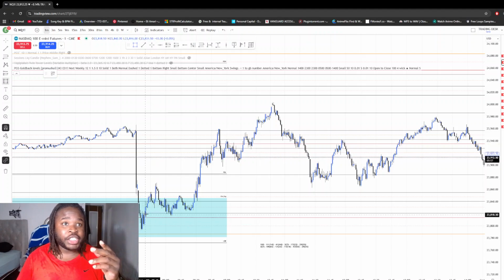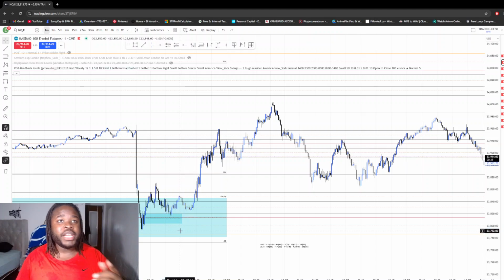We see a rejection at this level, and then we see a displacement higher. This is the first indication that we can be looking for longs, right? Now you could use this order block to get in the trade. You can use whatever PD array you're comfortable with, right?